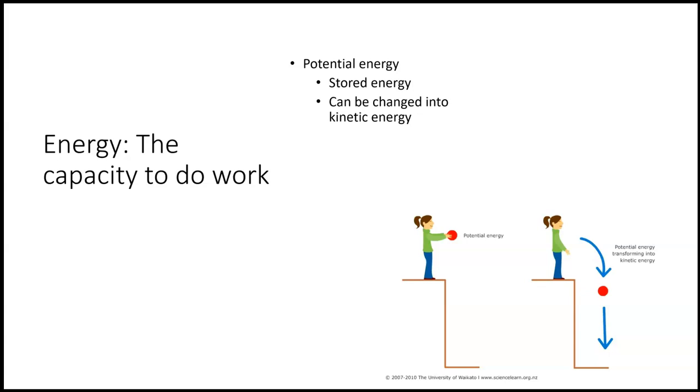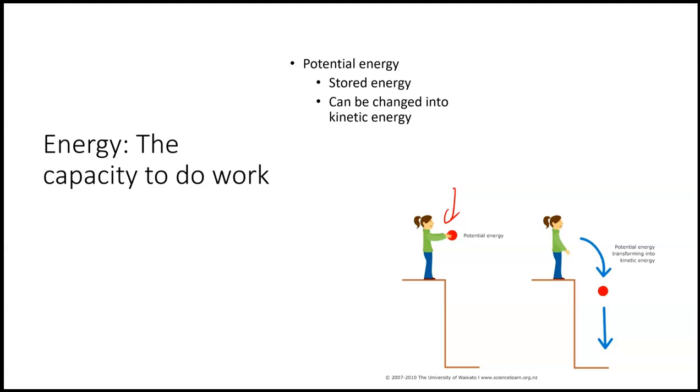So potential energy is when matter or an object has the capability of doing work, but it's not currently using the energy potential that it has. In this diagram, the person is holding that ball up. That ball has the potential to accelerate toward the ground.